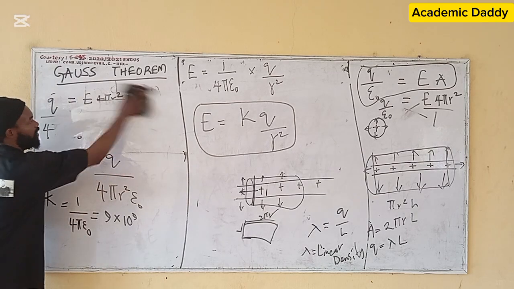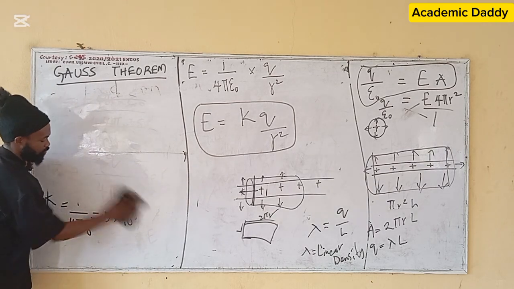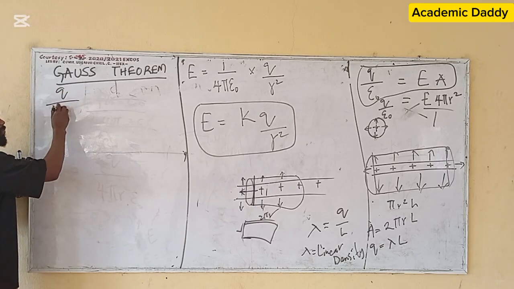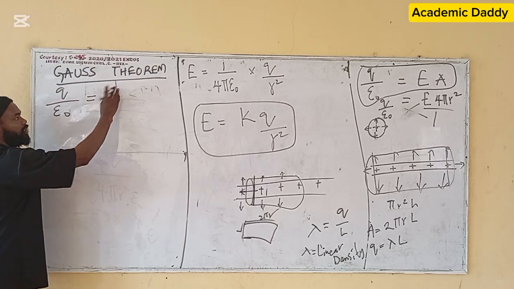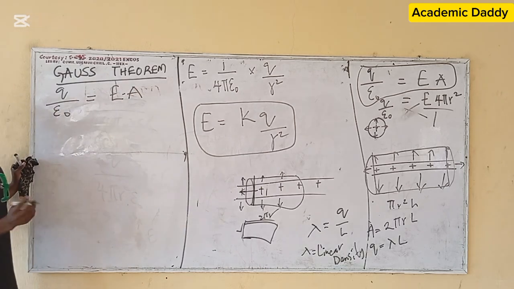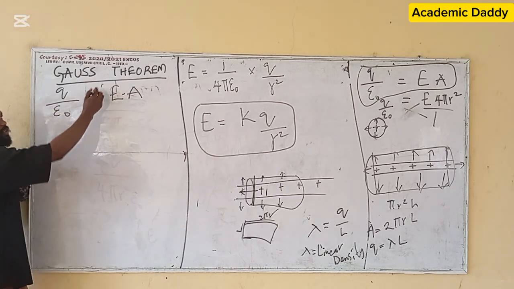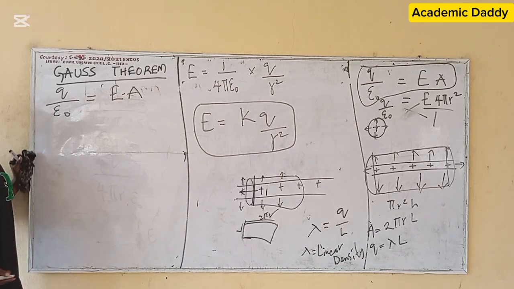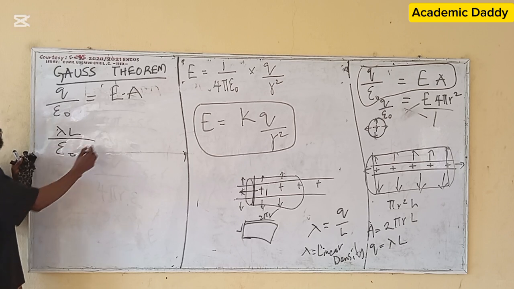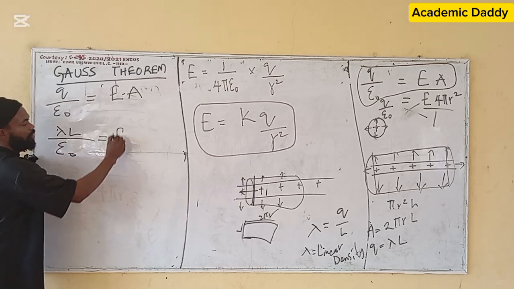So if I want to now get the Gauss theorem, I will go back and quote it. I'll simply remember that charge over permittivity of free space is equal to E times area. Very simple. You've already gotten that one, so never put it. So I'll replace charge with lambda L, all over epsilon naught, equals E times area.